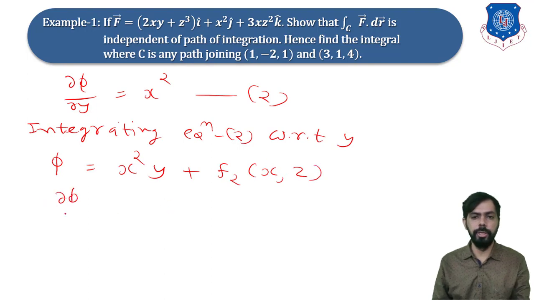Now here del phi by del z is equal to 3xz square, and suppose this is equation number 3.